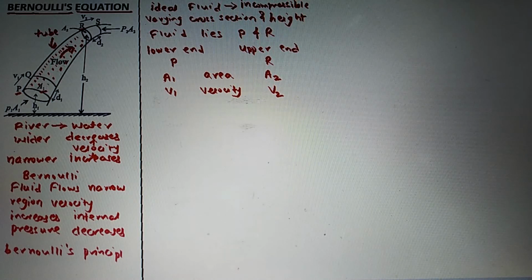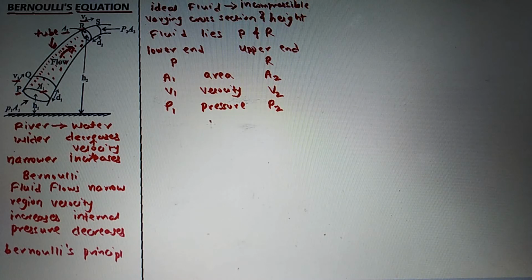In this diagram, A1 is the cross sectional area of the fluid at lower end P, A2 is the cross sectional area at upper end R, V1 is the velocity of fluid at lower end P, and V2 is the velocity at upper end R. Let P1 be the pressure of fluid at lower end P and P2 be the pressure at upper end R. As P1 is the pressure and A1 is the cross sectional area at lower end P, there will be a force acting there.